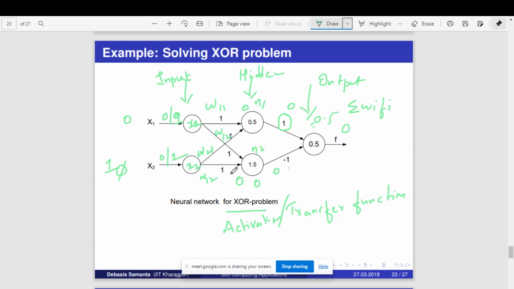Similarly, if you see this way, what will be the input for n2? This is 0, this is 1.